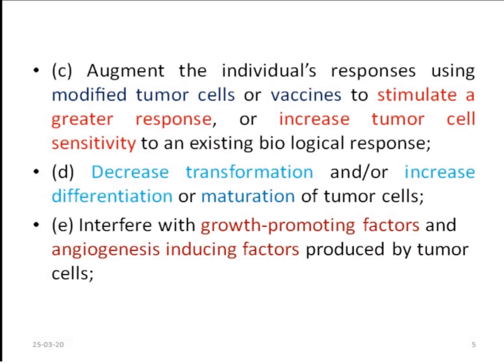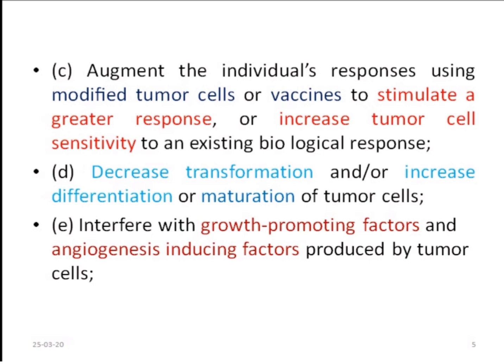Next point is interfere with growth promoting factors and angiogenesis inducing factors. Very important point. I told you in the last slides about angiogenesis, where new blood vessels are formed. Once a tumor starts forming its own blood vessels, its growth will be very rapid.